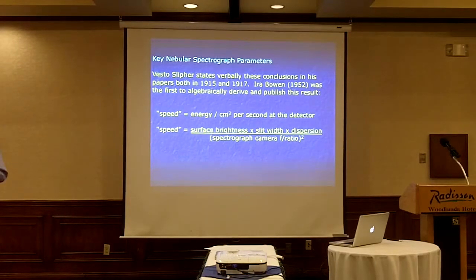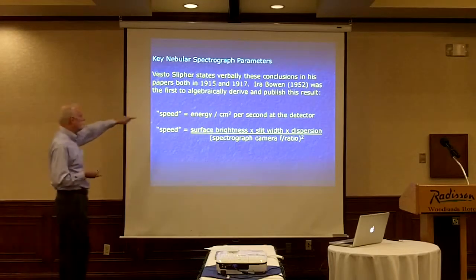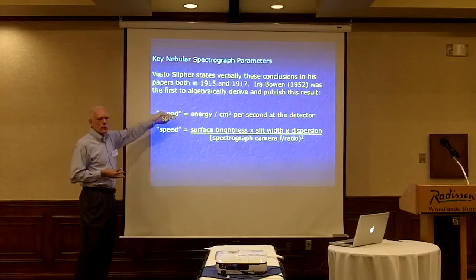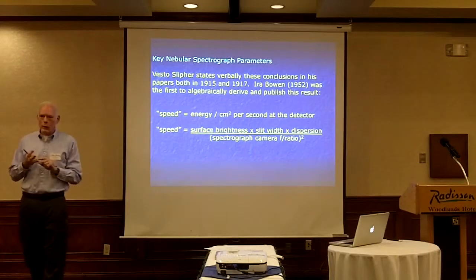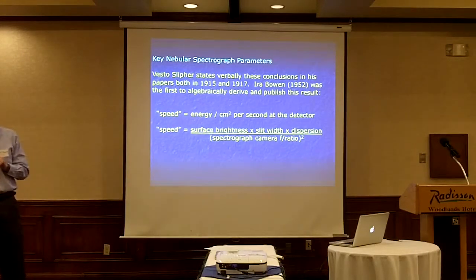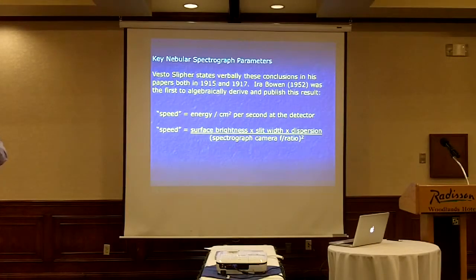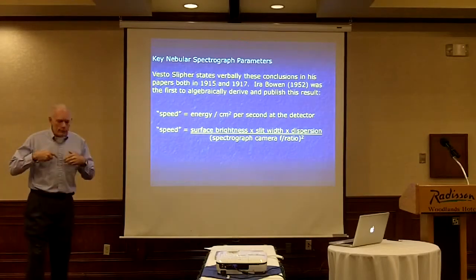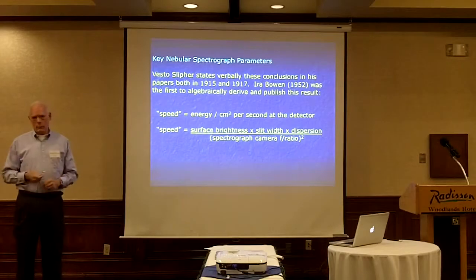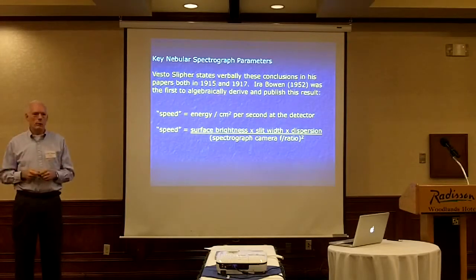And in that case, the sensitivity of the spectrograph, or you might call the speed, the energy concentration at the detector, goes up as the diameter squared of the telescope. If you have a spectrograph where the slit is narrow enough relative to the seeing disk of the telescope, you don't win that much. The speed goes up by the diameter of the main telescope aperture.